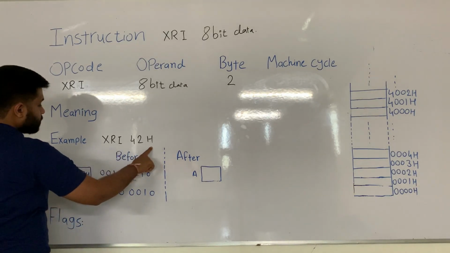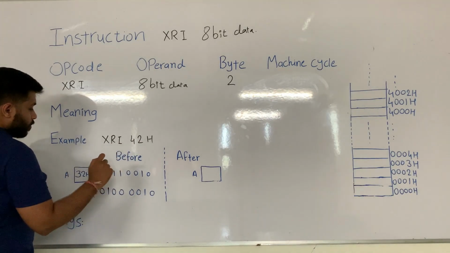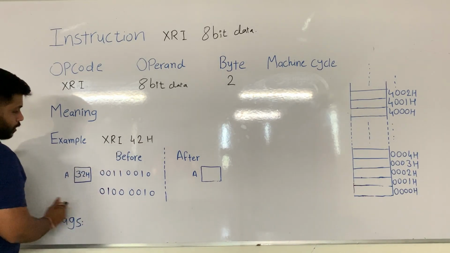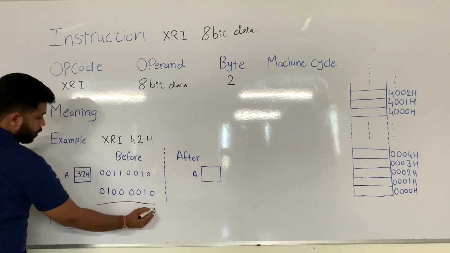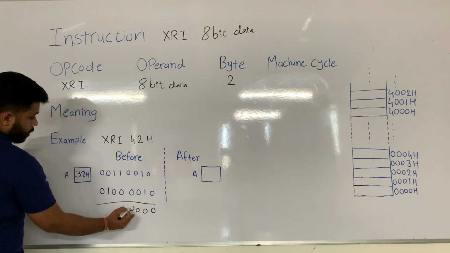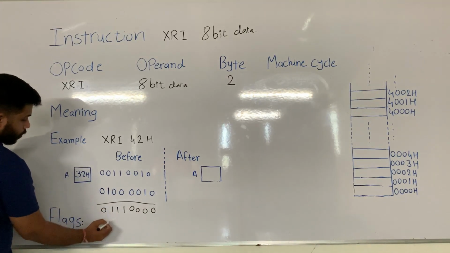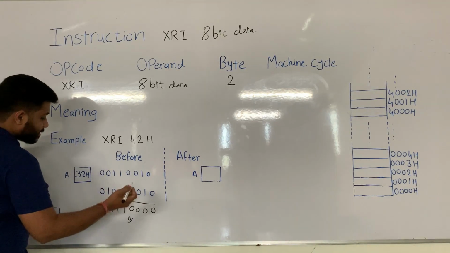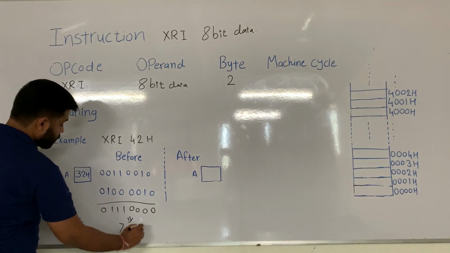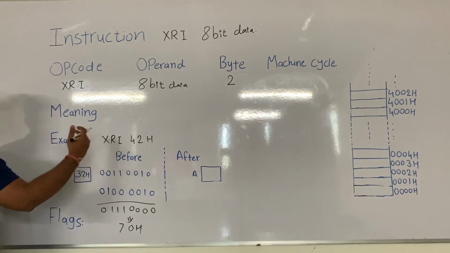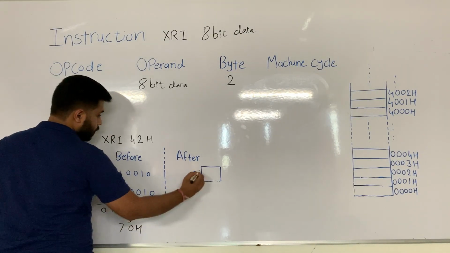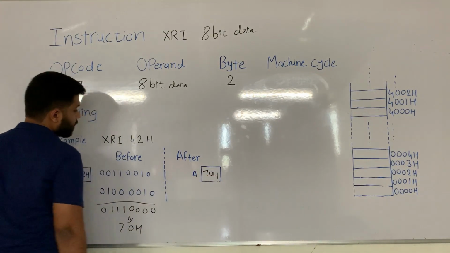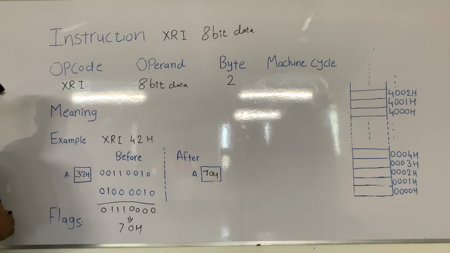Now, when this instruction is executed, the XOR will be performed between these two numbers. So let's perform the XOR: 0, 0, 0, 0, 1, 1, 1 and 0. If you convert it into hexadecimal, you will get 70H. After performing the XOR, the result will be stored in the accumulator. In the accumulator, 70H will be present.